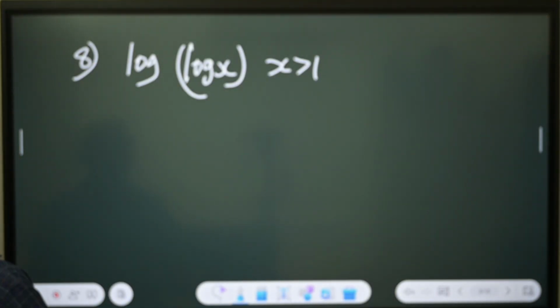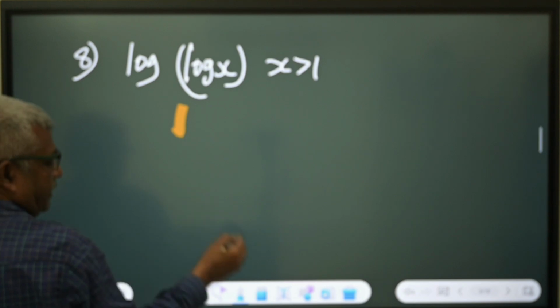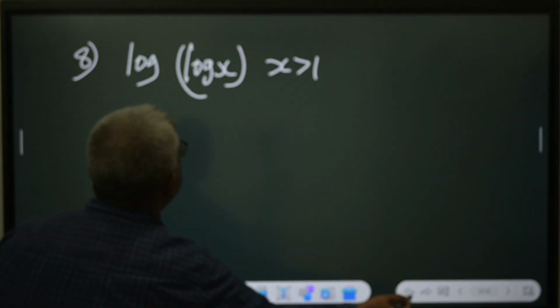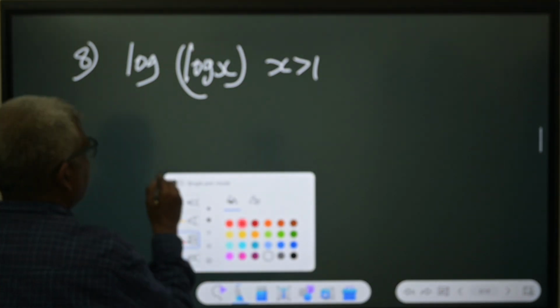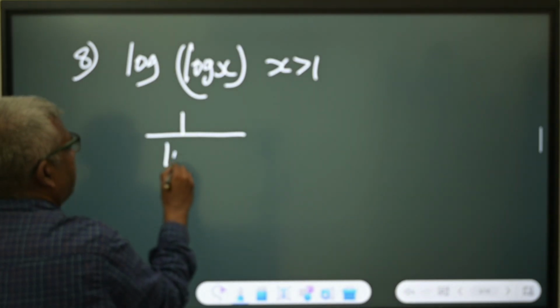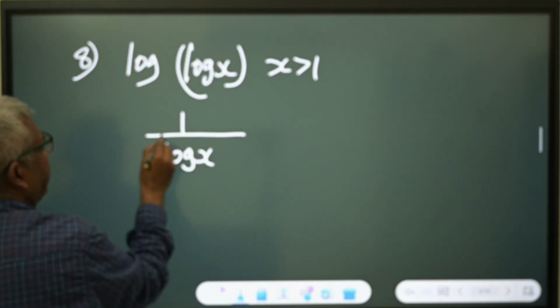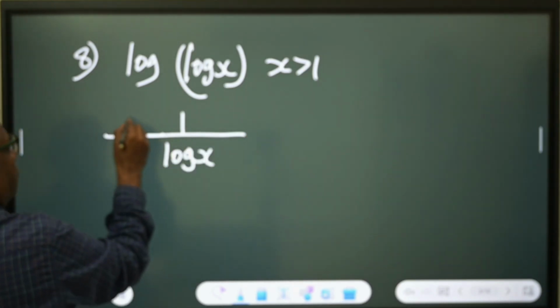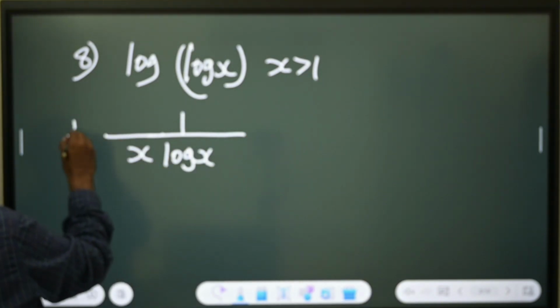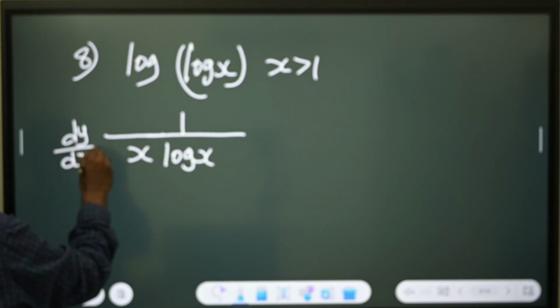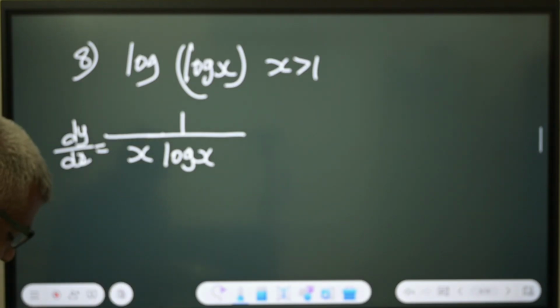Then question number 8, very simple. Log x, if we differentiate, 1 by x. 1 by log x, then log x again differentiate, it is 1 by x. That x I am putting here. Very simple. dy by dx is equal to 1 over x log x.